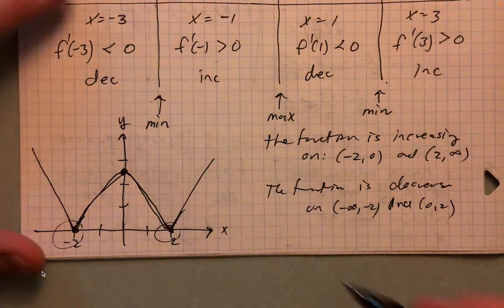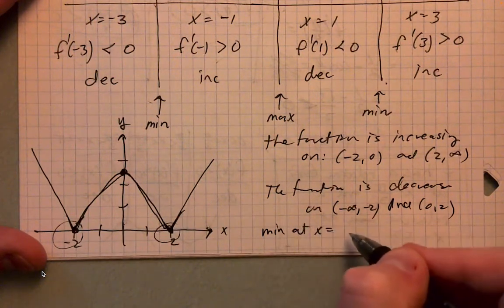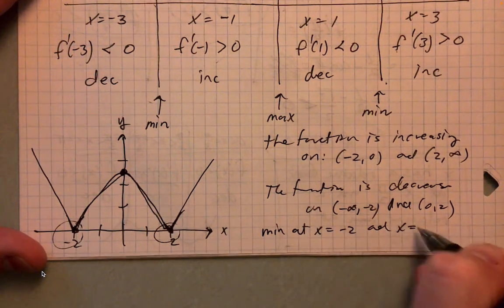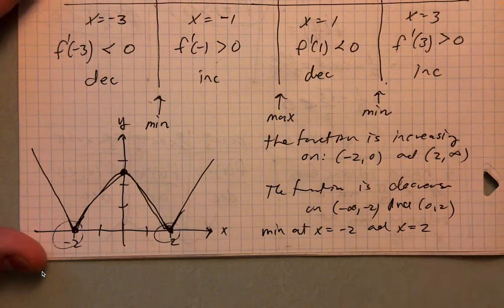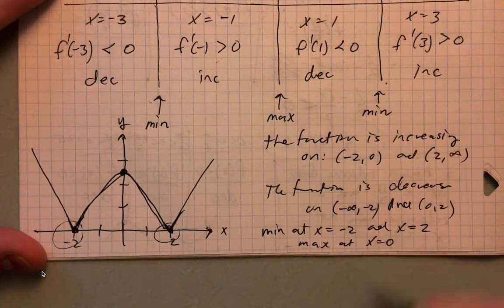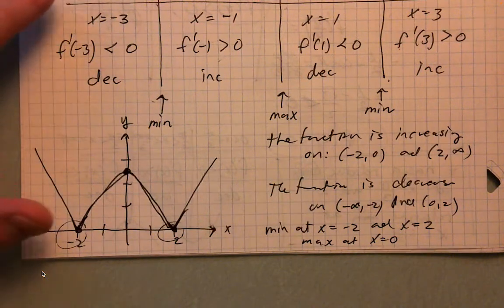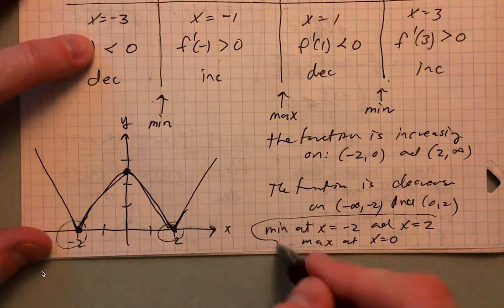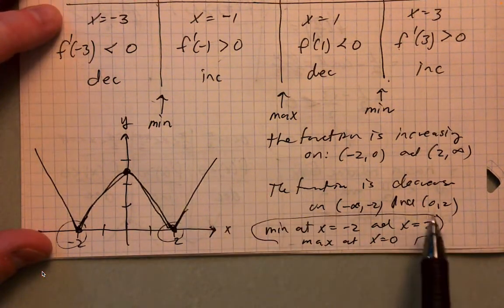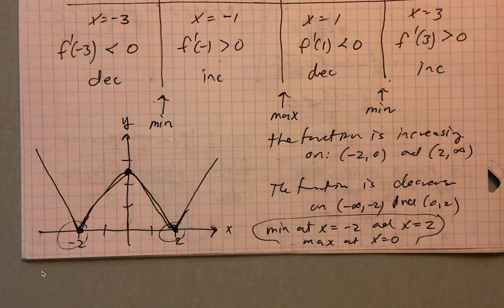And then you've got a min at x equals -2 and x equals +2, and a max at x equals 0. There we go. The problem was really just asking for this last piece here. But in finding that, of course, you've identified the regions of increase and decrease.